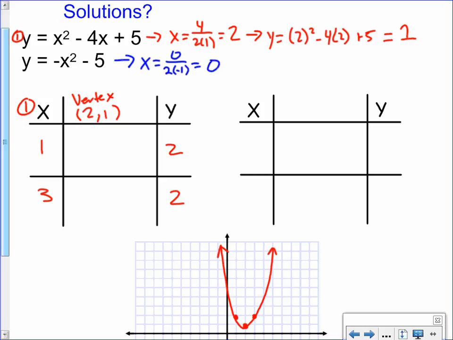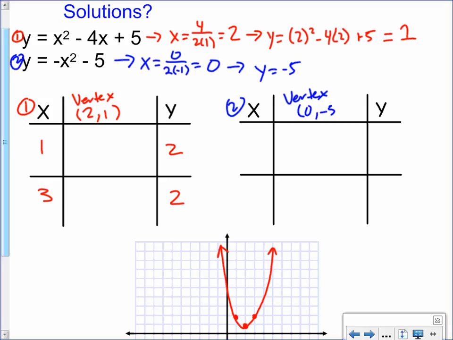And what happens when x is 0? Y is -5. Yeah. When the x is 0, the last one is the y. So that was easy. So this one's vertex. Oh, I forgot to number it. This is graph number 2.